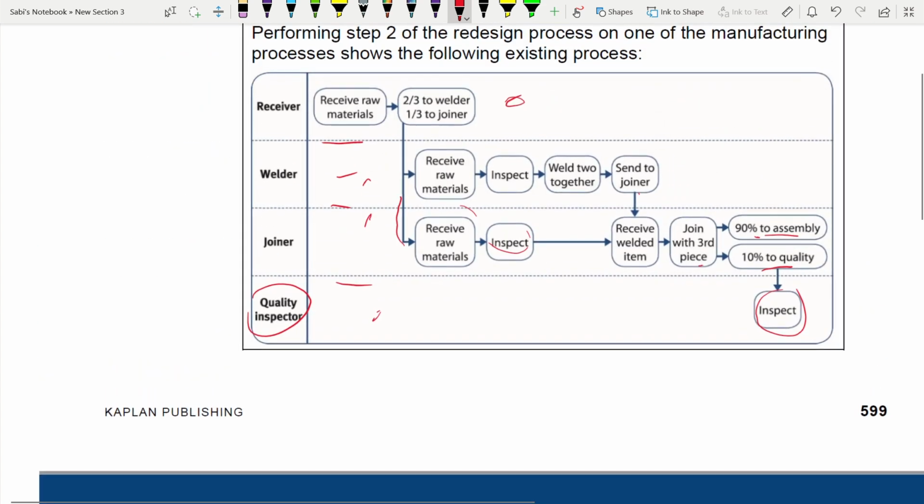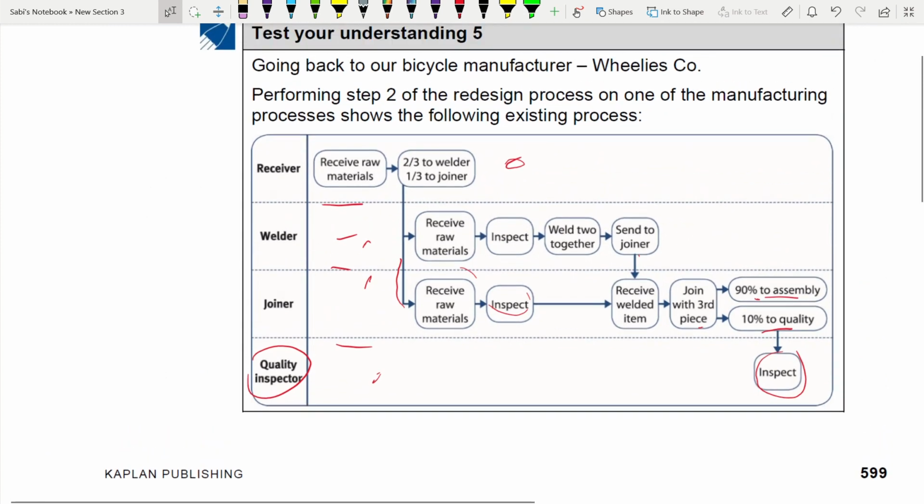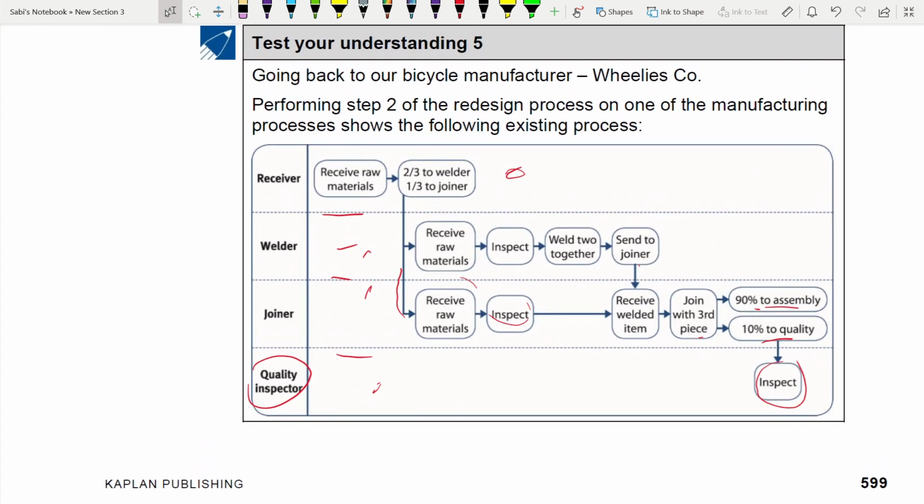Now tell me. I will give you some time, visualize this and tell me what is the problem. How many problems are there? First tell me that.